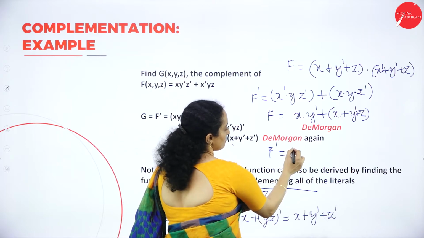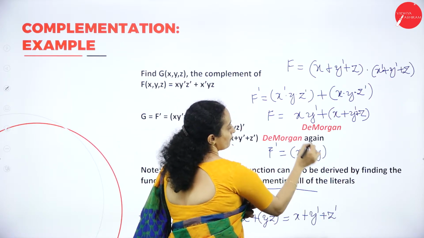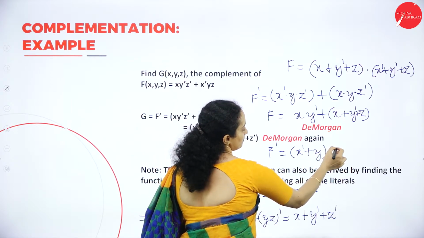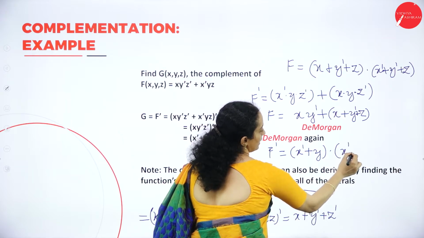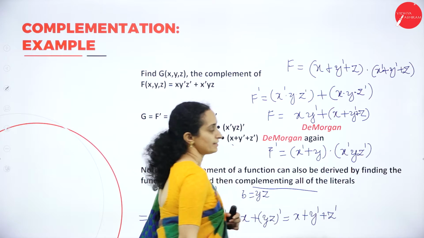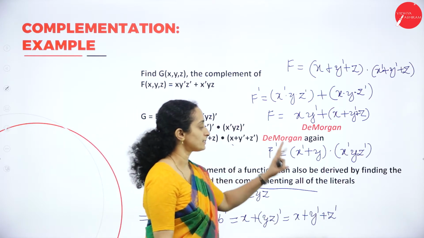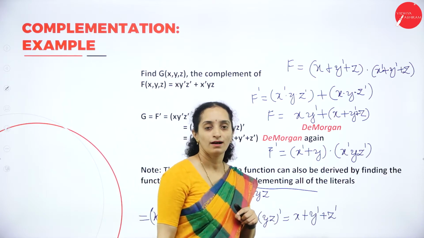Complement f dash equals x dash plus y into x dash y z dash. So, you can interchange the operators and complement the variables.